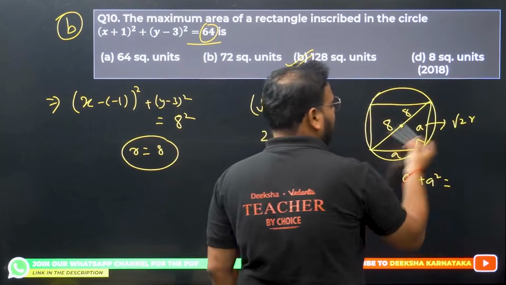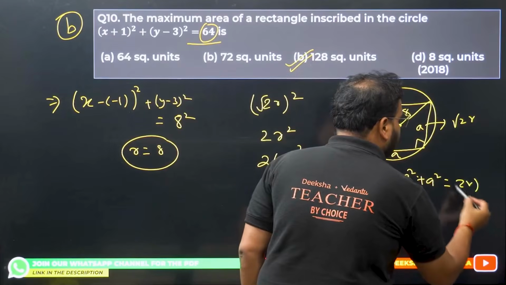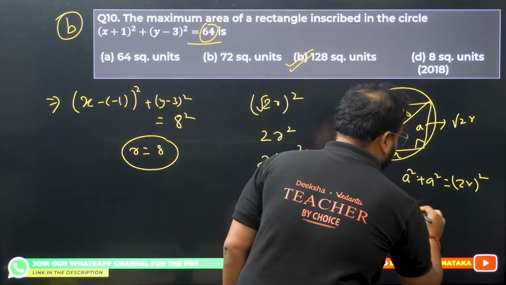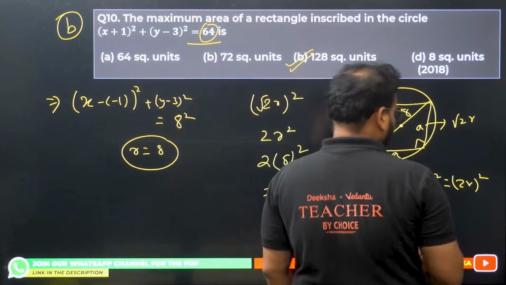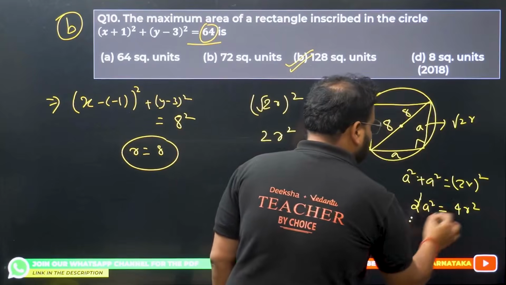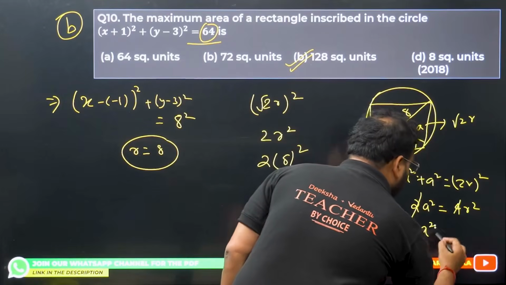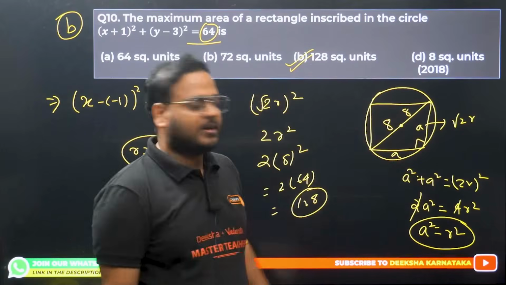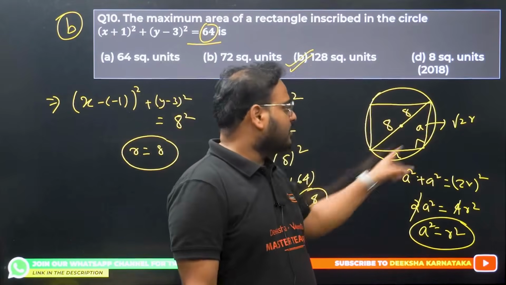What is this? Diameter 2r square. So I'm getting 2a square equals 4r square. So this gets cancelled. I'm getting the a square value equals r square. Cross check. What does a square represent? It is the area of the square over here.